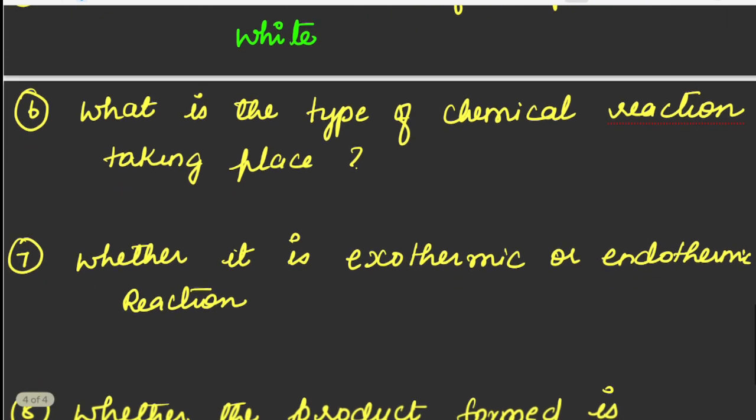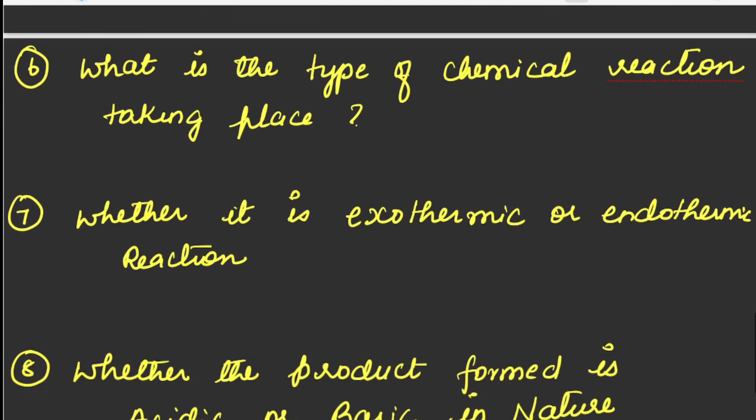Next, what is the type of chemical reaction taking place? I'll write the reaction so that you will come to know the type of chemical reaction. Magnesium is reacting with oxygen to form magnesium oxide. This equation is not balanced.